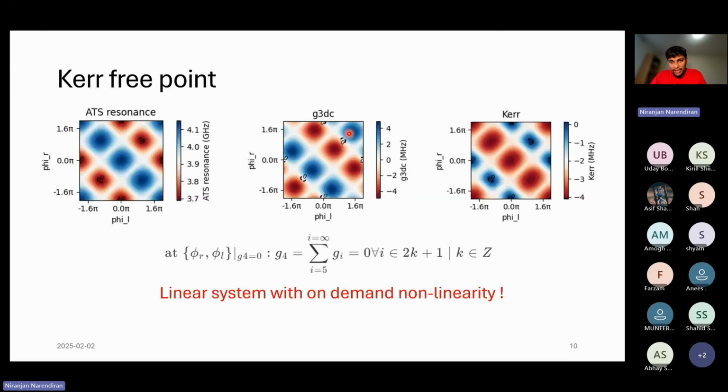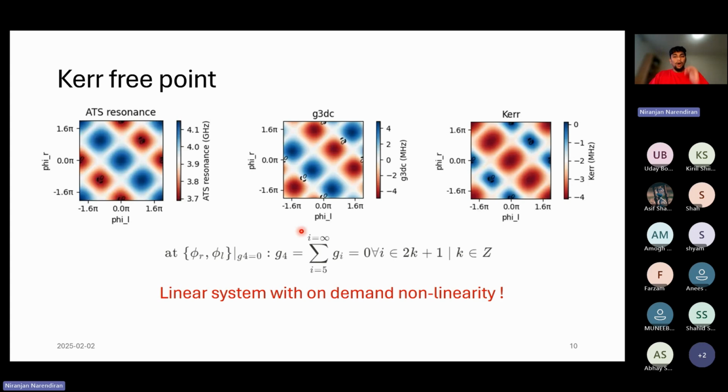We happen to see there is a region where the Kerr and g3 DC go to 0, which is what we want, right? So g3 DC is an always-on term, and Kerr is again g4, which is an always-on term. The beauty of the ATS device is that not only g4, but all higher order odd terms also go to 0.